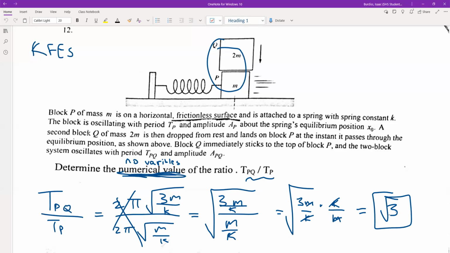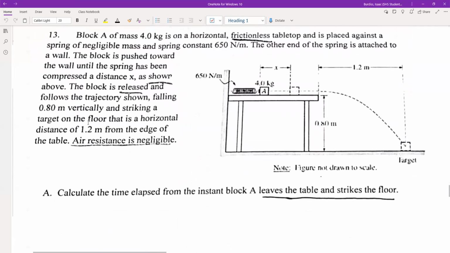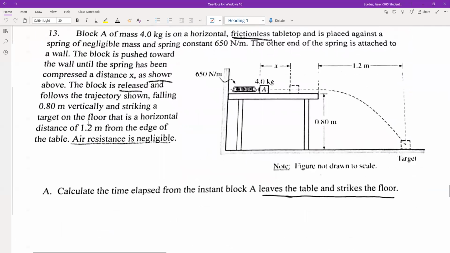So that's good. All right, now that was just 12. That was only a 1-part thing. Now we got this last question, free response, but it has a lot of parts. The thing that's not so good about these is if you mess up one thing, it might mess up all your answers.